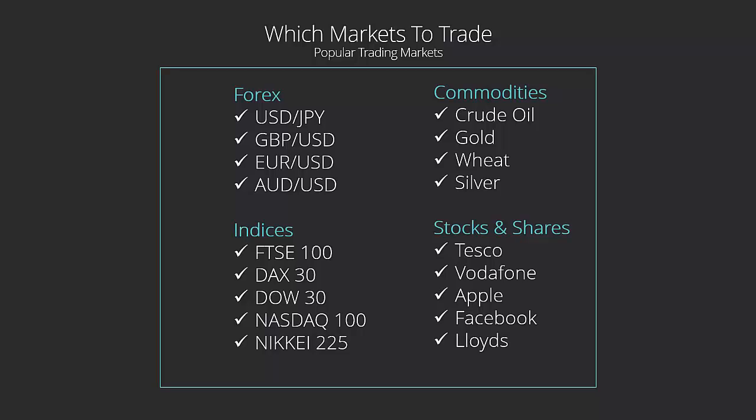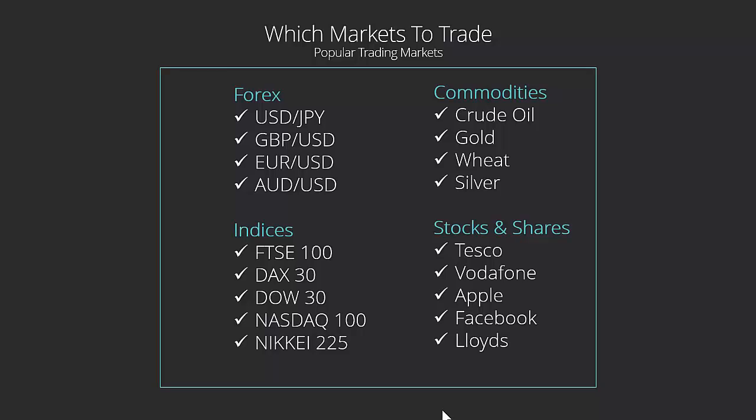So in the currency sphere, you've got obviously the main currencies out there: the yen, the dollar, the pound, the euro, the Australian dollar. Those are the main ones. Then you've got the smaller ones that come into that, and they're called the minors or the exotics.